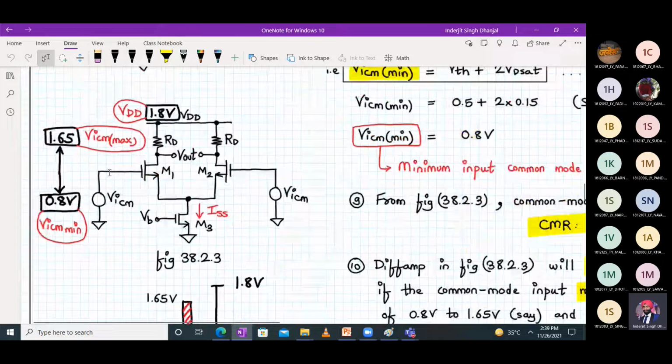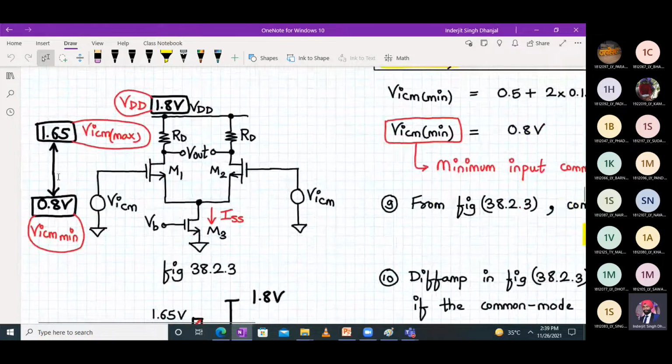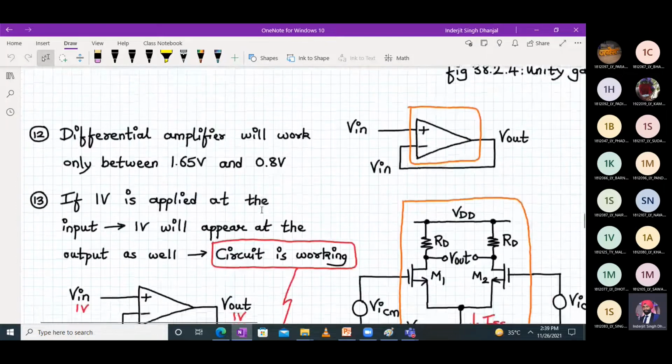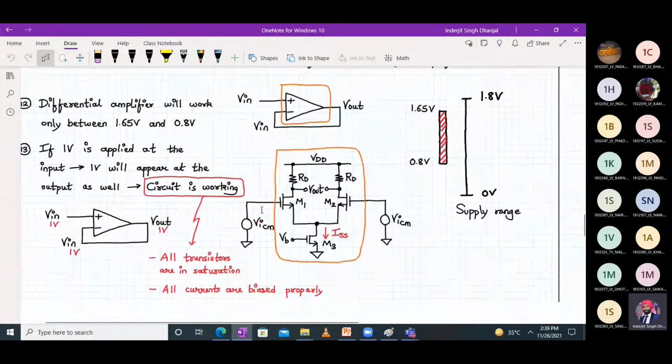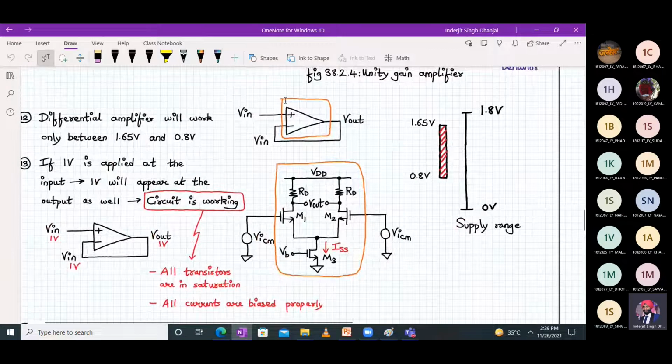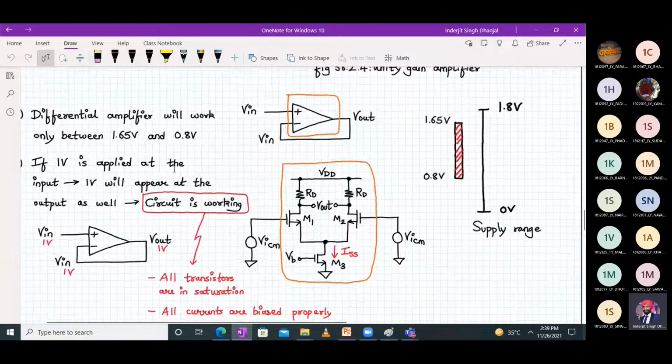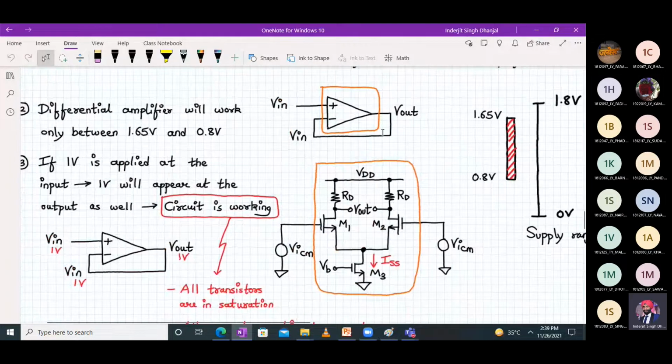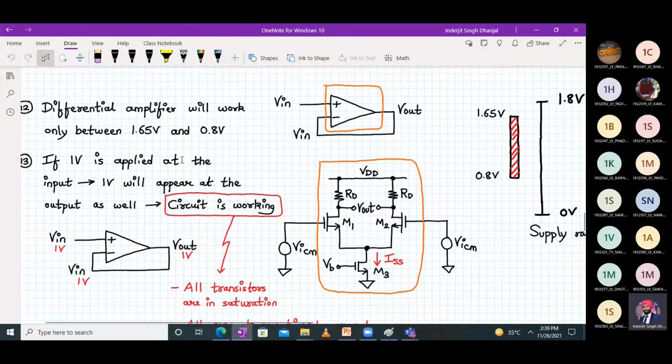If my input common mode level is between 1.65 and 0.8 volts, then only my differential amplifier will work properly, and hence my op-amp. Let's say this is my op-amp, connected in unity gain mode, so my output should be equal to input. If I apply 1 volt to the input, will the circuit work?